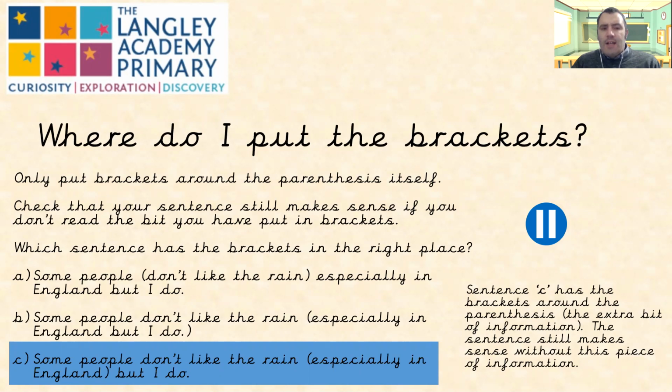So if we take that out, some people don't like the rain, but I do. That sentence still makes sense. If you look at sentence A, it doesn't make sense if you take out what's in the parenthesis, so what's in the brackets. It's not extra information. Whereas in C, what's in the brackets is extra information.